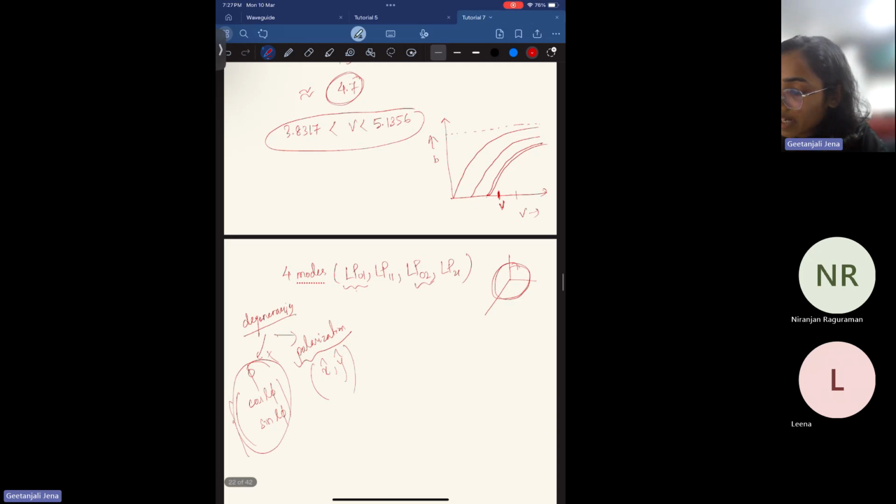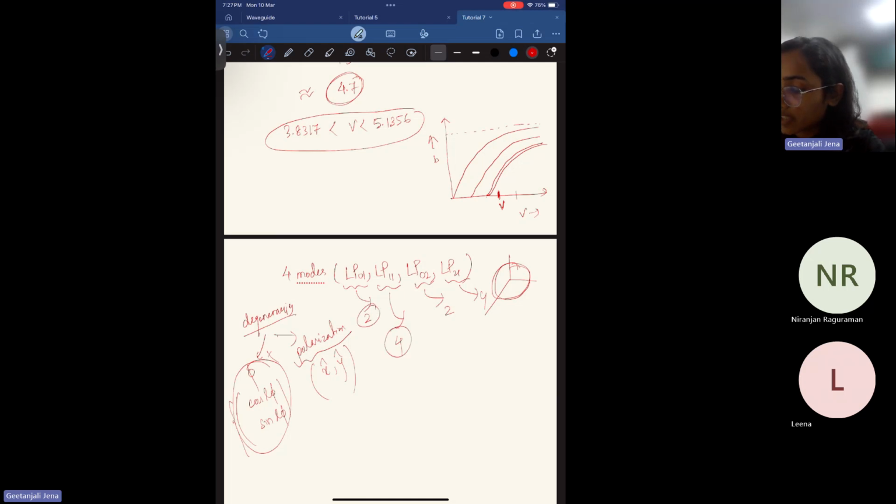So that means this will have two-fold degeneracy for X and Y. This will have two-fold degeneracy for X and Y. And this will have four-fold degeneracy because both cos alpha and sin alpha, and X and Y polarization. And this will also have four-fold degeneracy because L is not equal to 0.